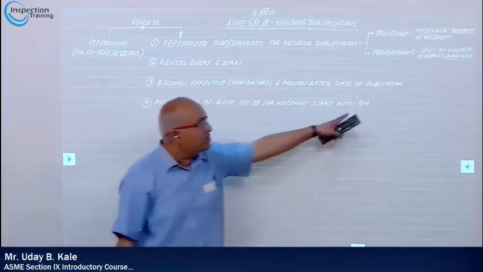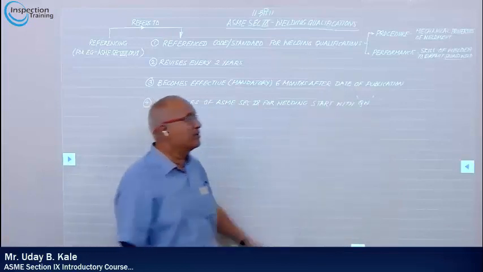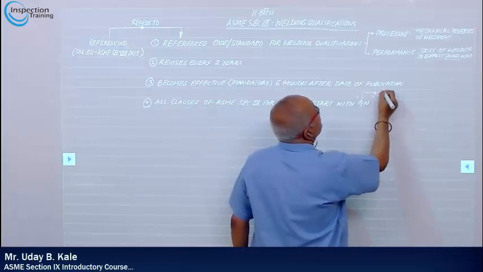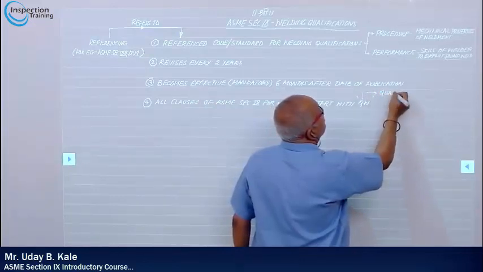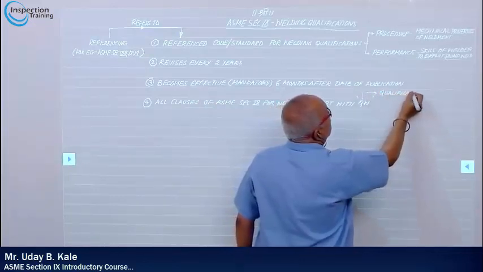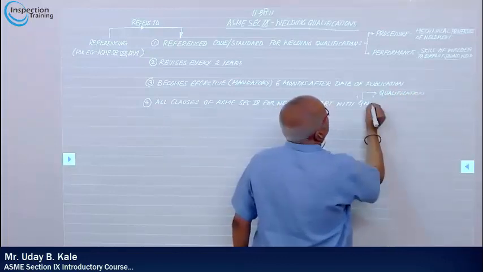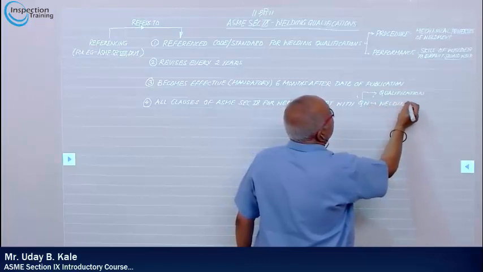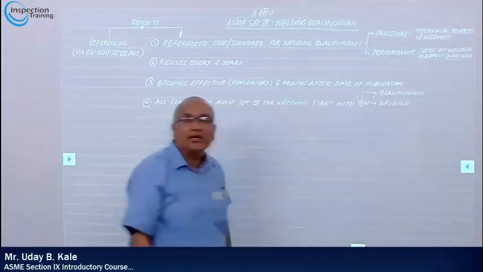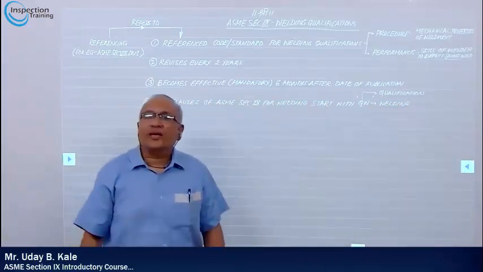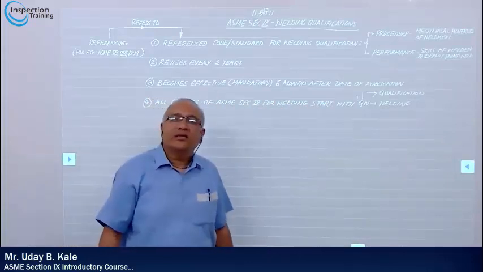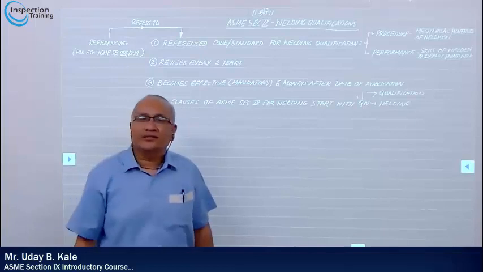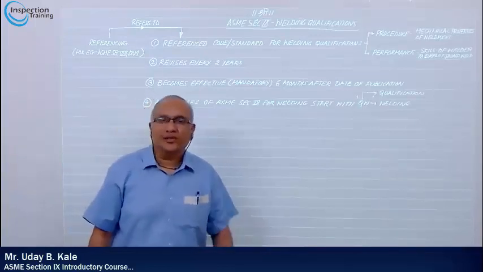The letter Q is meant for qualification, of course, and W is meant for welding. Since this document is also meant for brazing and fusing, you can imagine what would be the start for brazing. It is QB. For fusing, it is QF. As simple as that.